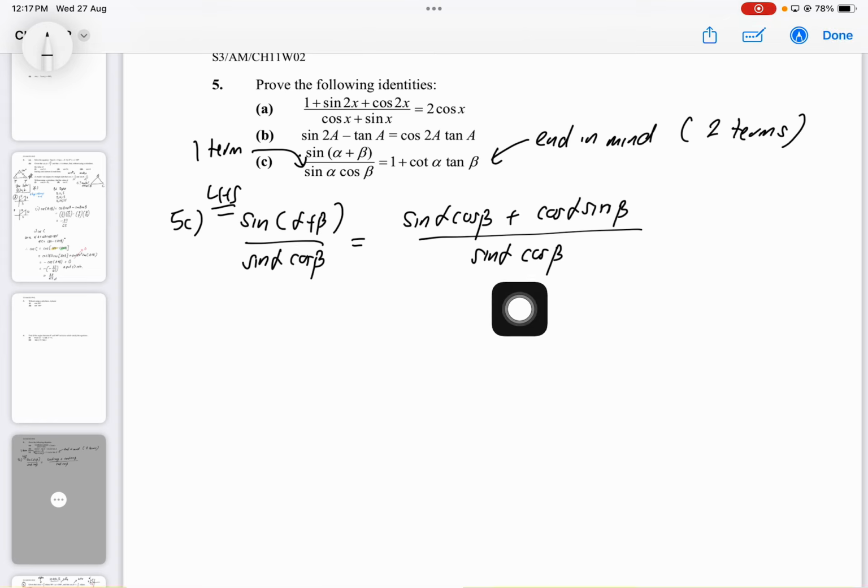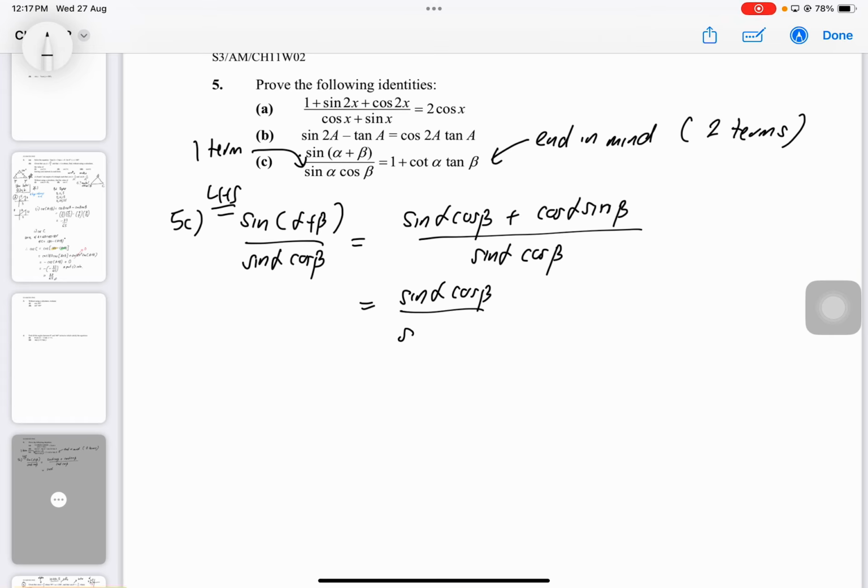Okay, now look at this step. Is it still 1 term? Yes. So what is the hint that I'm trying to tell you? You will need to break it up. Okay, so in this next step you need to break it up into 2 separate terms.